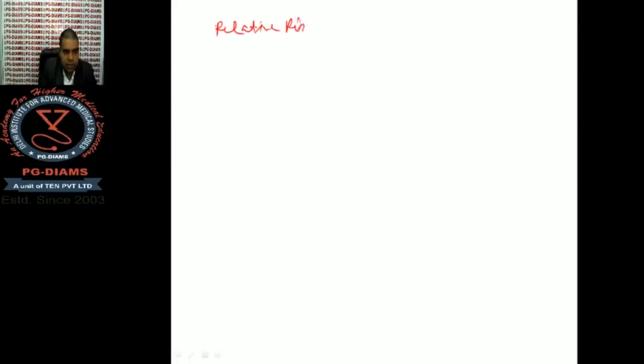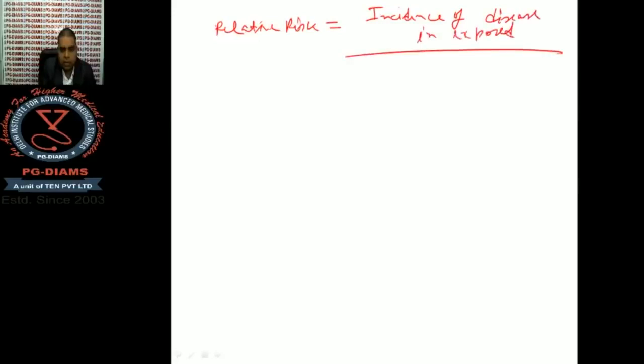What is relative risk? Incidence of disease in exposed by incidence of disease in non-exposed, into 100. This is the relative risk.